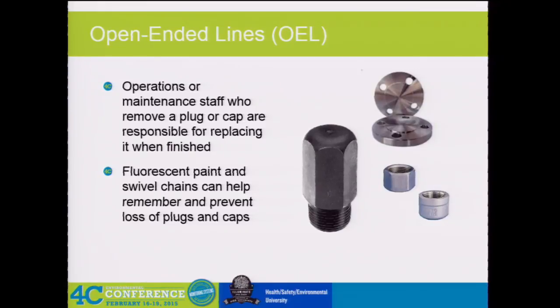So that's usually the best way to get away from worrying about caps and plugs. Just add another valve to it. Make sure that they have good training, but when an auditor or an agency comes in, they don't have the ability to prove that it's wrong or that it was done incorrectly unless they're there watching it.